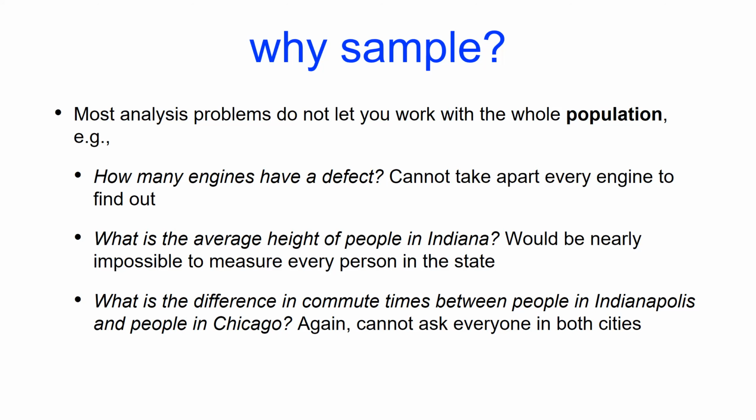But usually you can't measure each single one, right? Because in that case my target is every single individual in Indiana, and I need to measure them. That forms my population. So population means the big target, the complete target I want to study. I want to understand some parameters of that population.